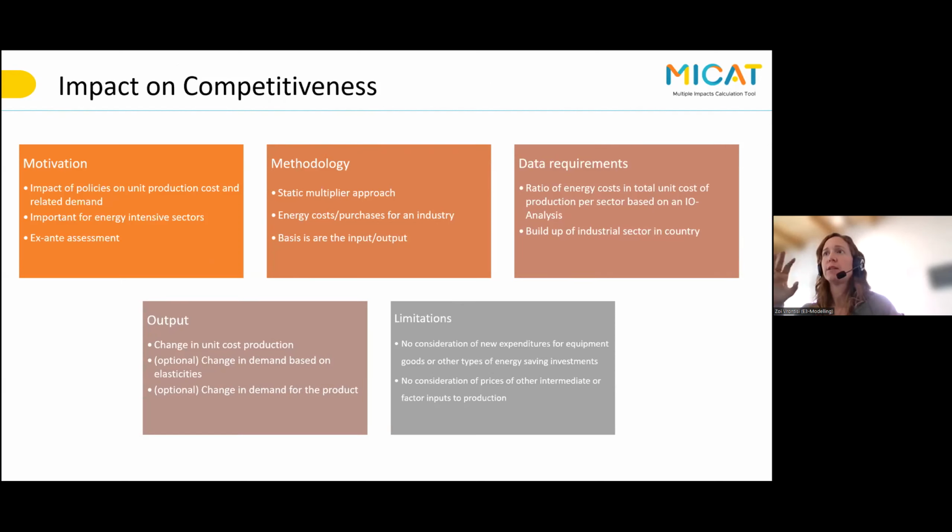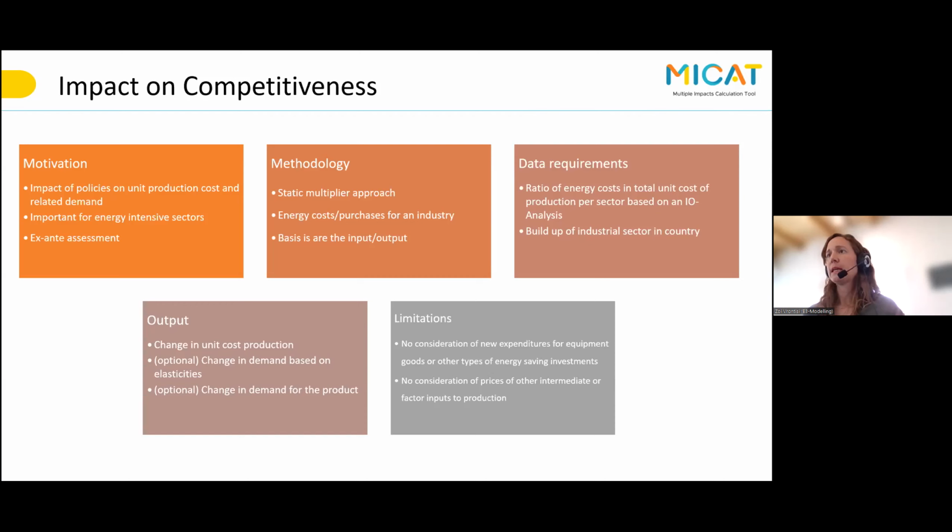And through that, we understand what would be the implications in the unit cost of production. Now, if we also assume an elasticity in demand, so how would demand change because of this change in the unit cost of production, then we can also get insights for changes in total demand for this product because of the energy efficiency measures, and understand directly the implications on competitiveness.